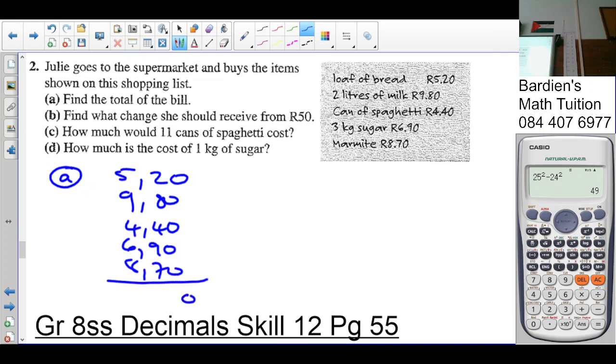First column is 0. 2 plus 8 is 10, then 14, 23, 30. Is that correct? No, it's 8, 17, 27. Yeah, I get 35. 35 then, is that correct? Yes. Who got 35 then? Nice.